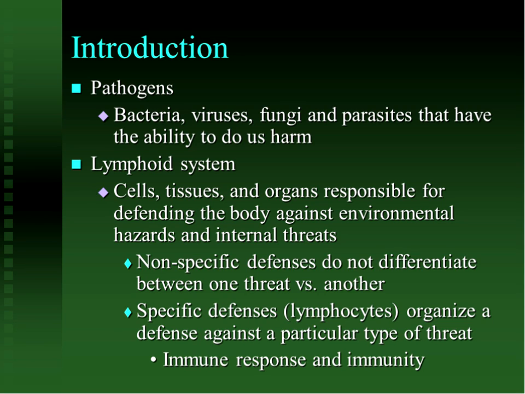Now, the beauty of our immune system is while we have these general means set up to keep pathogens out, if a pathogen does get past our first and second tiers of defense, we have a system in place that allows us to identify and mount specific defenses, cell-wise and with antibodies, so humoral-wise, that lets us find that pathogen and kill it and then potentially provide a lifetime of protection against that pathogen if it's ever exposed to us again. Right? And so that is our specific defenses.